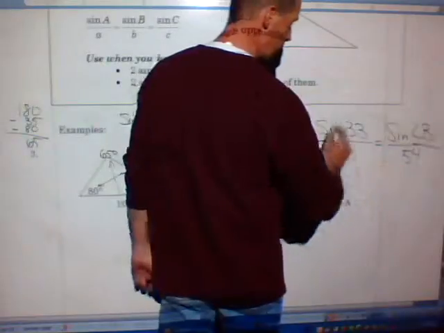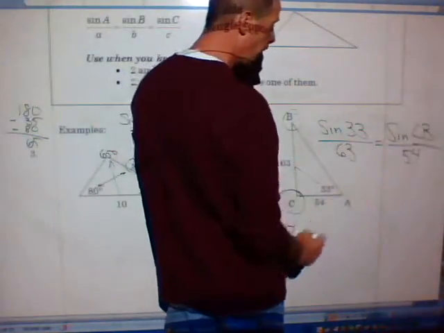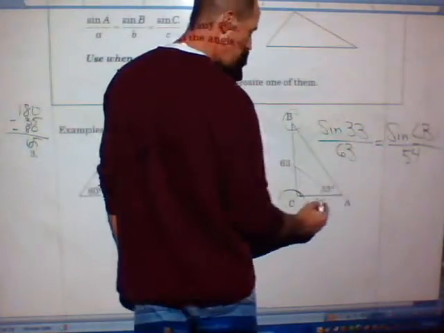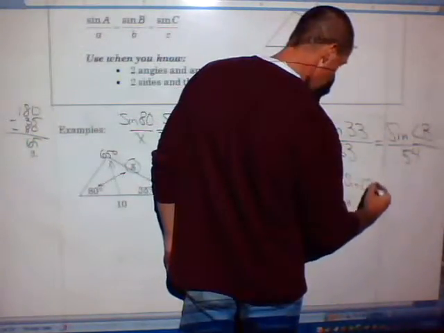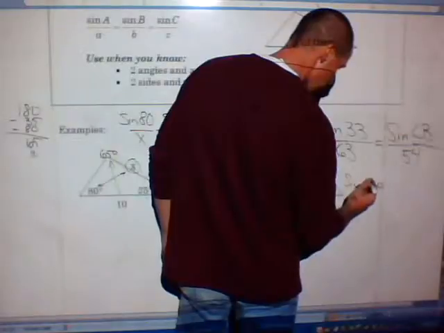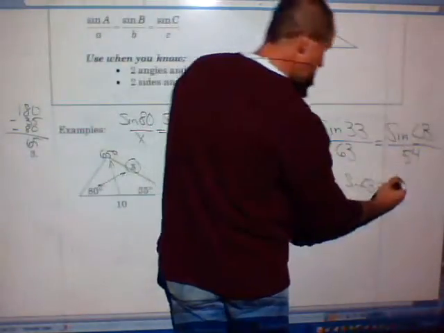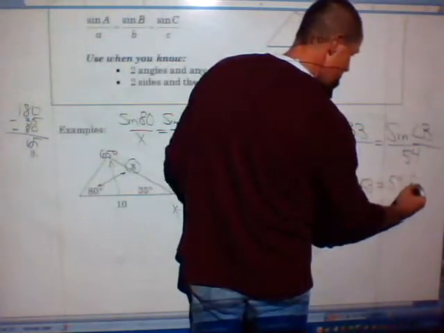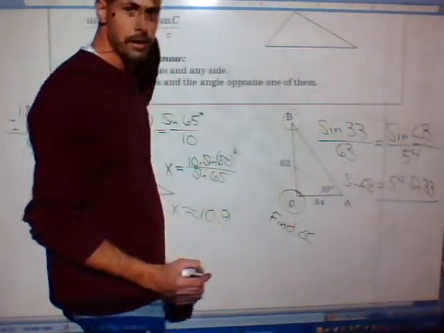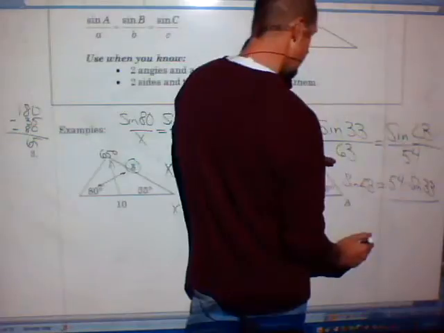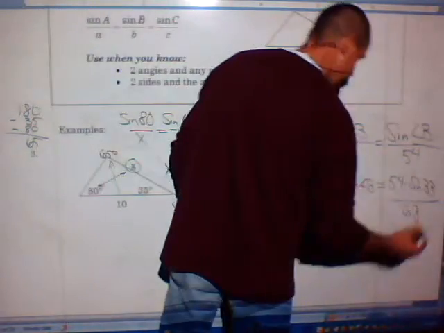Okay. So we've got our proportion here. We're going to do the shortcut of solving this proportion again. Since this is our variable, we'll let the sine of angle B equal 54 times the sine of 33 divided by 63.